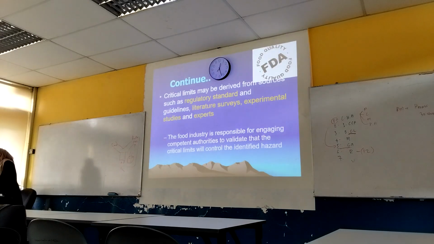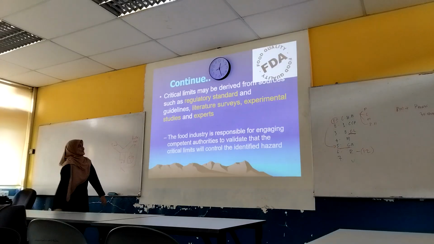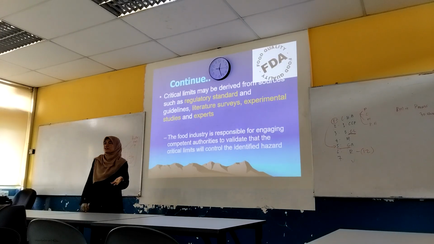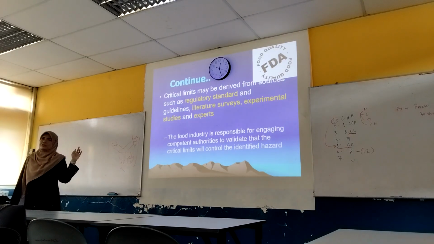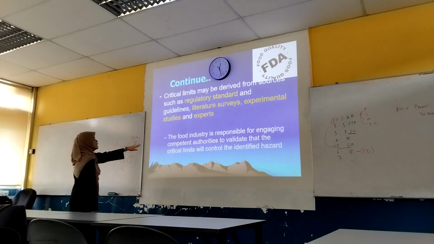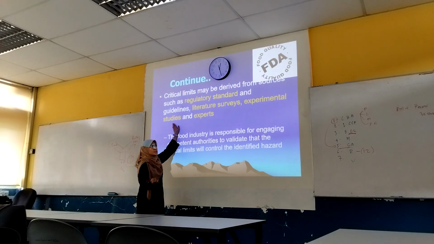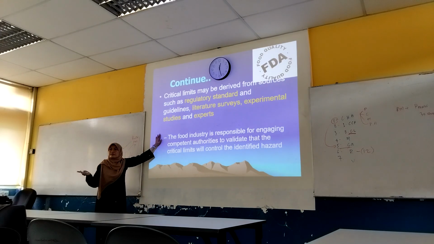Alright. Last slide before I release you. So as I mentioned just now, how do you know pasteurization at 72 degrees C is based on the references, literature search. Experimental studies. There's a lot of previous research conducted in order to know the resistance of the microbes.